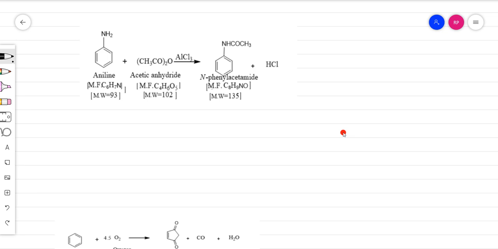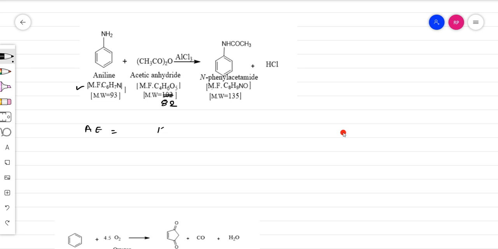Let's go for the second one. I've already mentioned the molecular weights. This is not 102, it is 82, I guess. So let's calculate. This is 93. Everything is now given. I have already solved this mostly, but this is what you have to solve; this won't be given to you. You have to find the atom economy for the preparation of phenylacetamide. Everything is in front of you, so directly let's calculate atom economy.